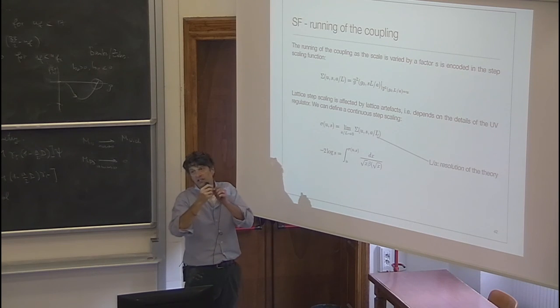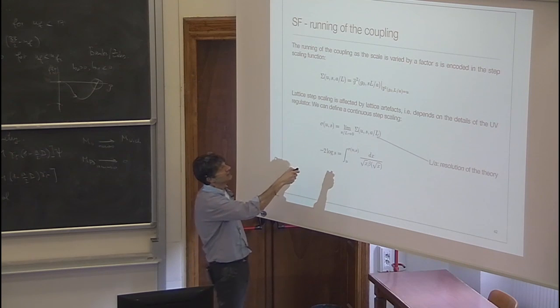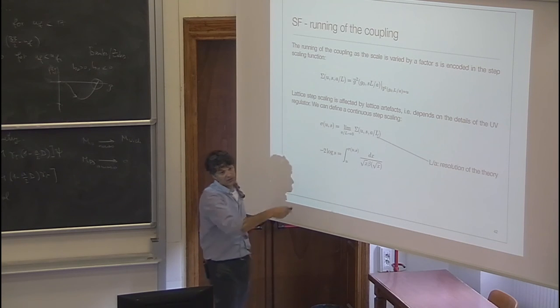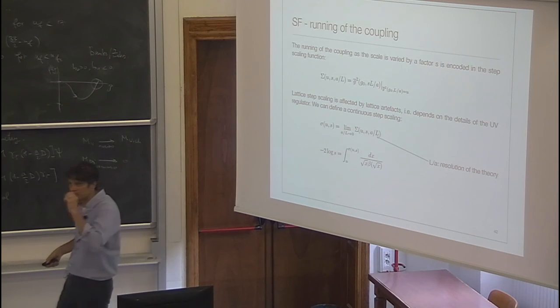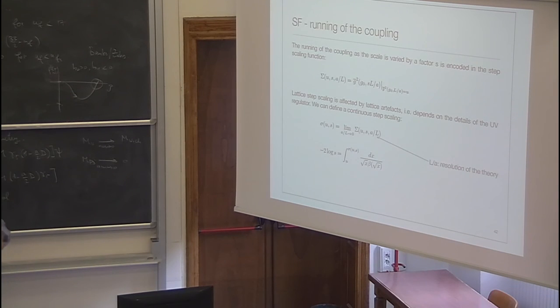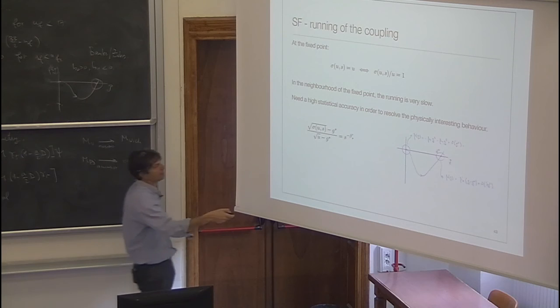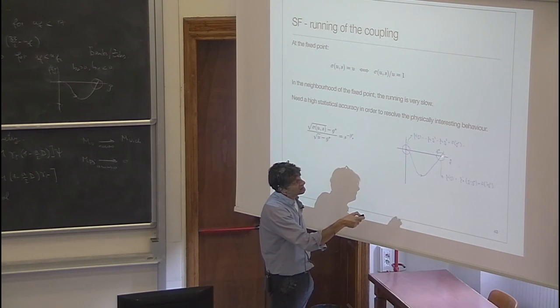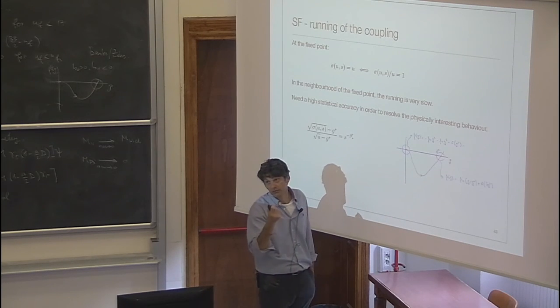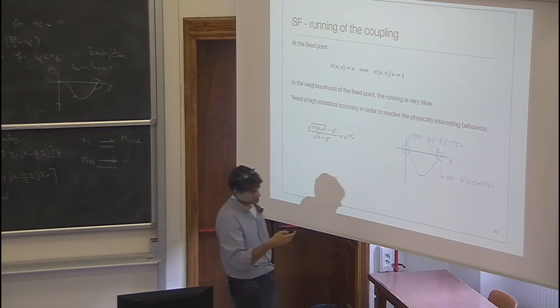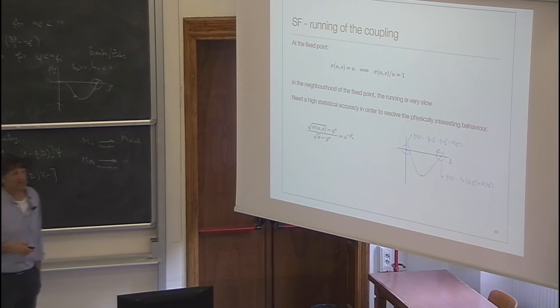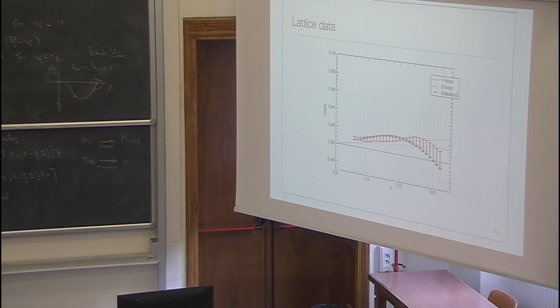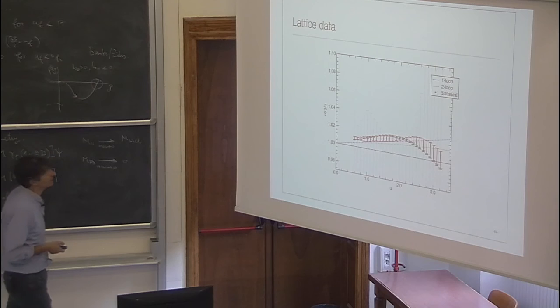But as you get close to a fixed point, this number is very, very close to this number. And so you need an extremely precise simulation in order to pin down the behavior of the step scaling function where it is interesting, namely close to the fixed point. So with these caveats in mind, I think I can show you what we got.